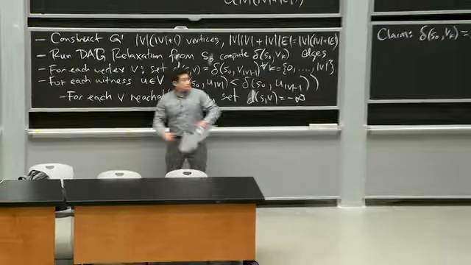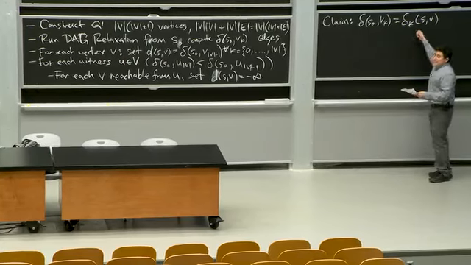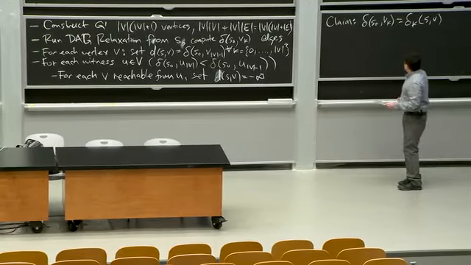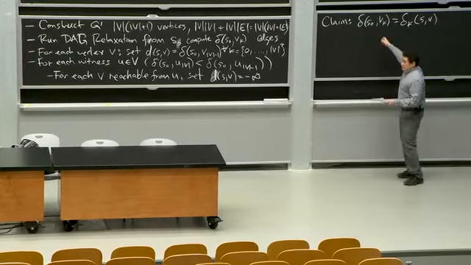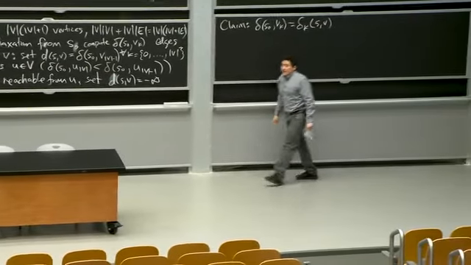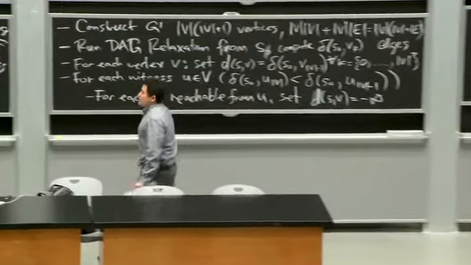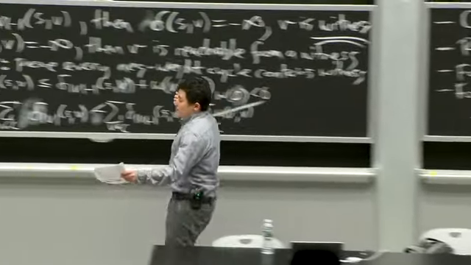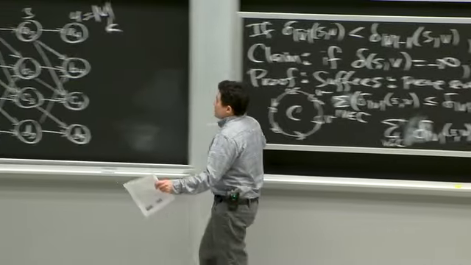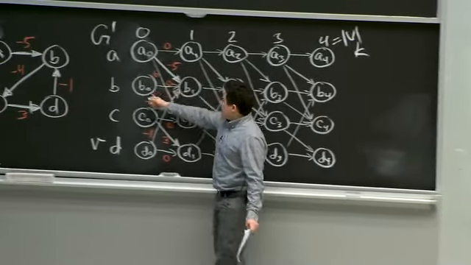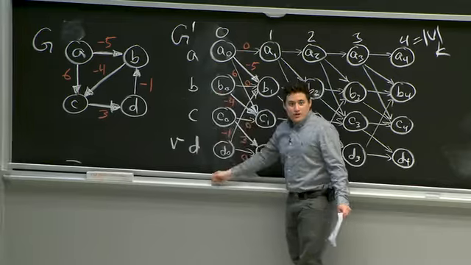How do we prove this claim? Well, we can induct on k. Is this true for k equals 0? Yeah, we kind of already argued it over here when we were talking about our initialization step, or what DAG relaxation does. It'll set this to be the shortest path from this guy to all these vertices.